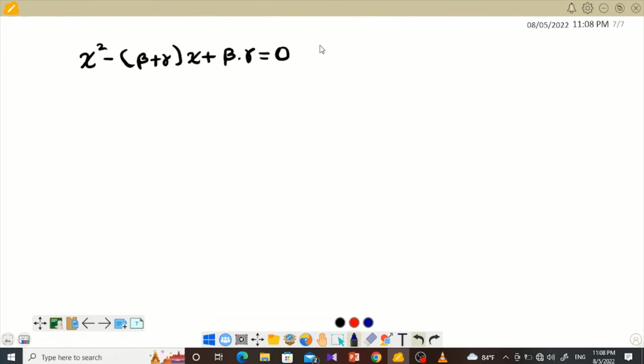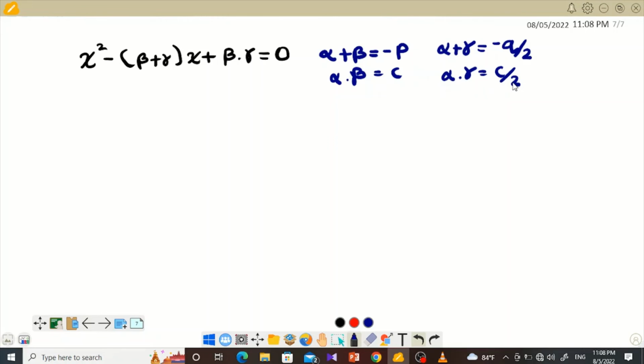I obtain alpha plus beta as minus p, alpha plus gamma as minus q divided by 2, alpha dot beta as c and alpha dot gamma as c divided by 2.